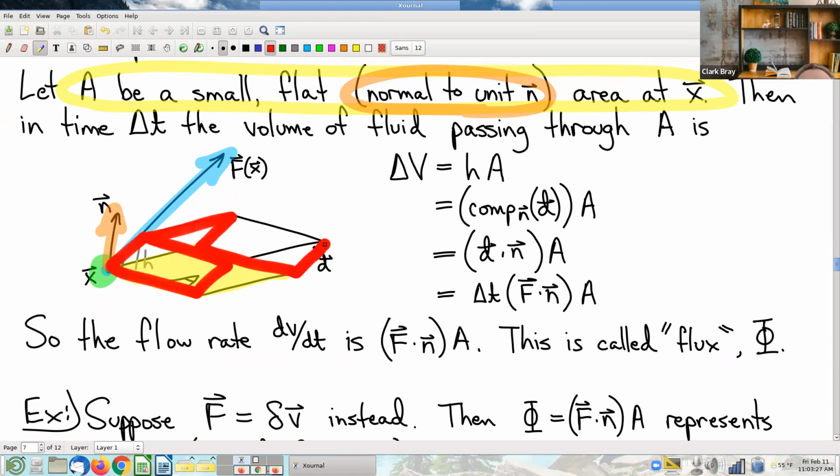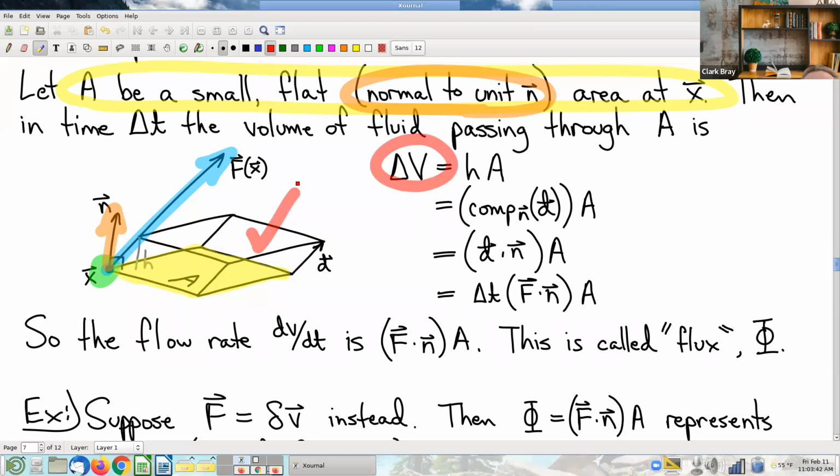Given the way that the fluid is going and the shape of that area, the volume of that parallelepiped is how much fluid flows through that surface in a given amount of time. Now, how am I going to compute this volume? Well, volume is height times area of the base.